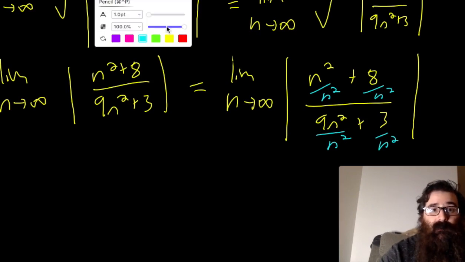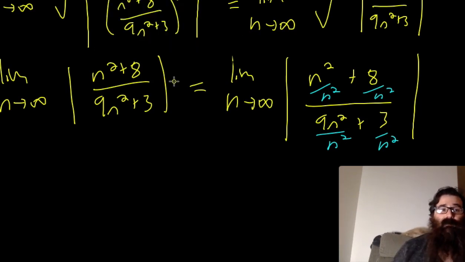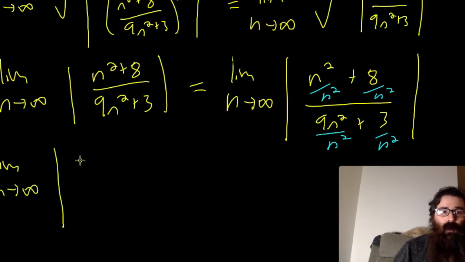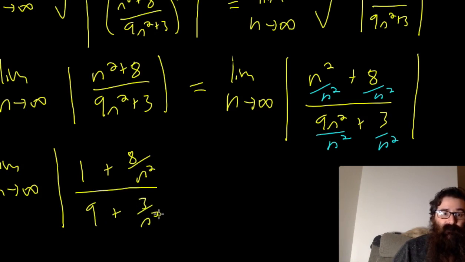And we're going to reduce, see what we get. So we got the limit as n goes to infinity of the absolute value of, here I have 1 plus 8 over n squared, all divided by 9 plus 3 over n squared.